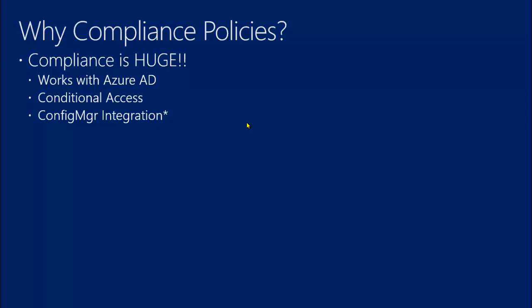It also works with conditional access, which is part of Azure Active Directory, and this is a big deal. It's something that we will talk about in part 4 of this series. So conditional access is this piece that helps protect organizational data by requiring users and devices to meet certain requirements. Compliance is one of many options that you can configure with conditional access, but it really can play a heavy role in conditional access.